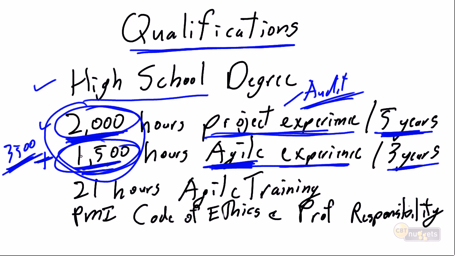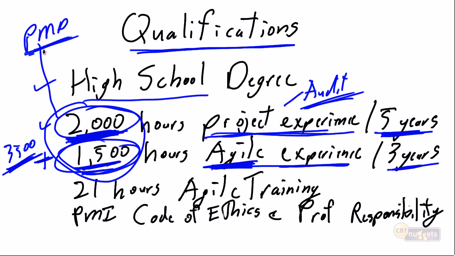Now, one piece of good news per se, and this is good news more so for the effort of filling in the form, if you are an existing PMP, certified member of PMI, you do not have to provide the evidence of your 2,000 hours of project experience because you've already supplied to PMI as part of your PMP quals that you have in fact far exceeded the 2,000 hours of project experience.